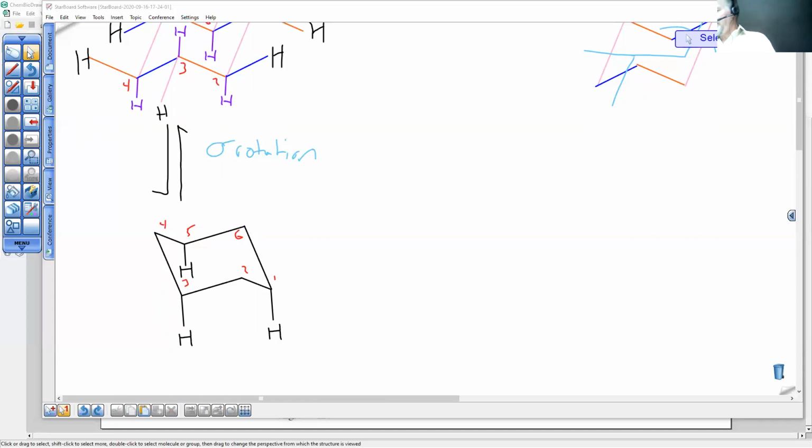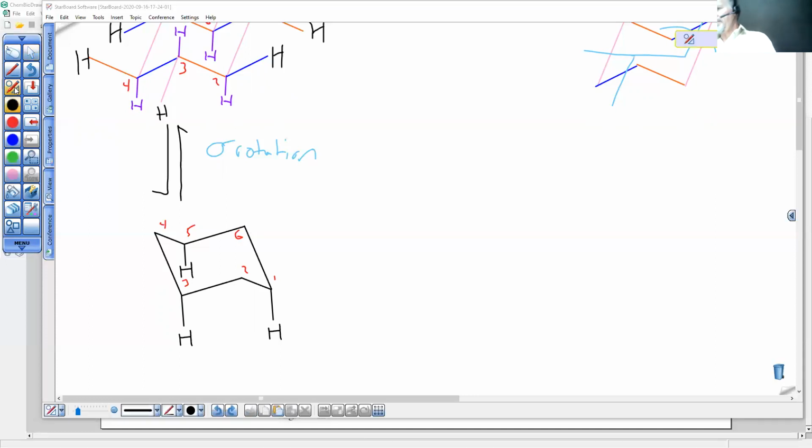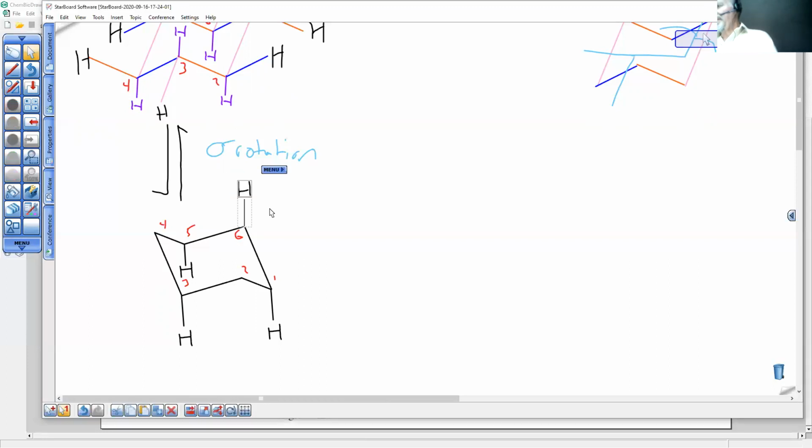Okay, strange stuff's happening. There we go. Now that arrow's in the way. And move the H down. That works pretty good, huh? Yeah, move that down.